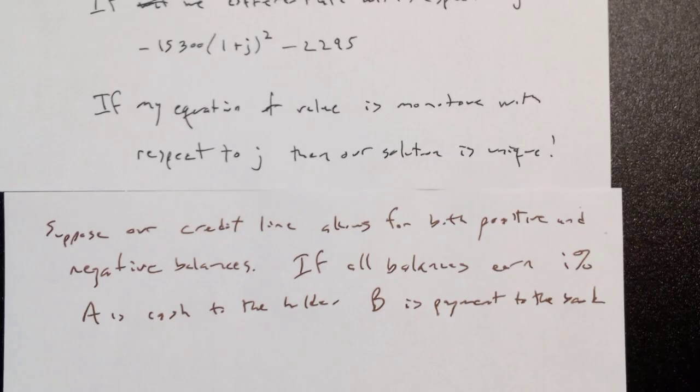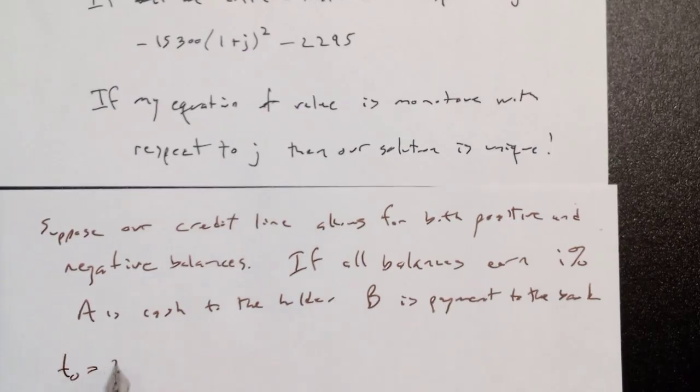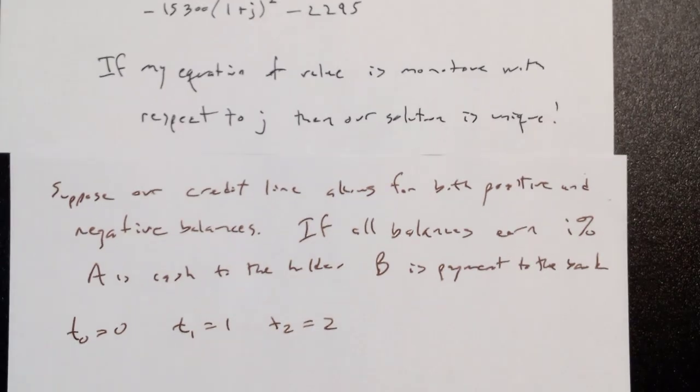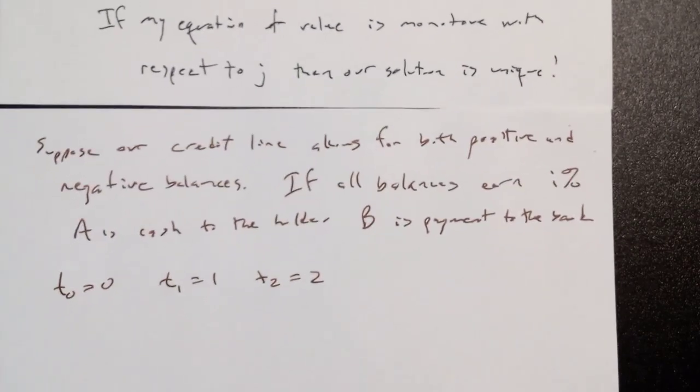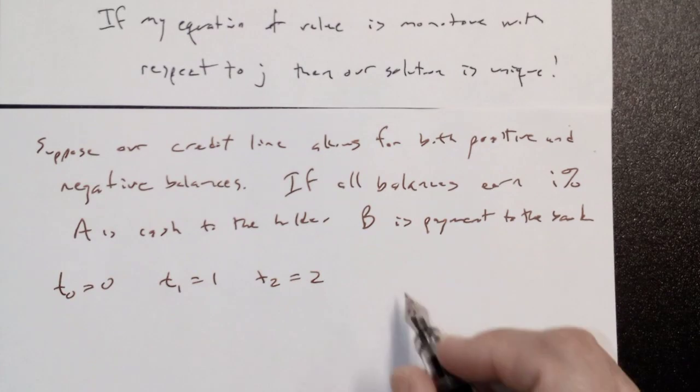I'm going to make this a 2-year plan, or a 2-period plan. T0 equals 0, T1 equals 1, T2 equals 2. And at both T0 and T2, the balance is 0.